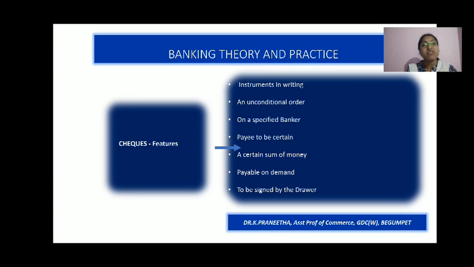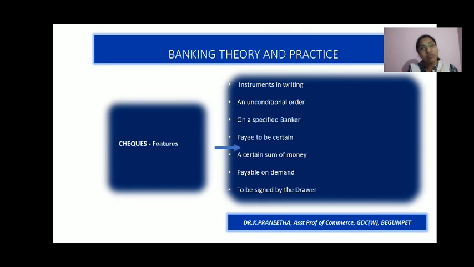The next essential feature of the check is payable on demand. A check is always payable on demand. Although the drawer has not specified any particular time or period for payment in the check, the check must be presented to the banker for payment within a reasonable time. Next one is signed by the drawer.